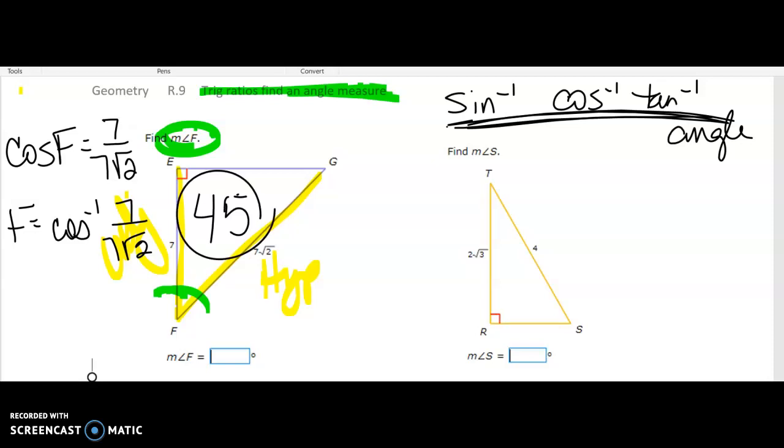45. You can do these on your phone. How would you do this on your phone? You have to do it backwards.